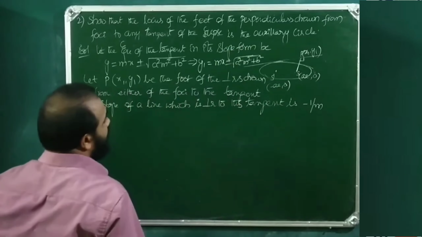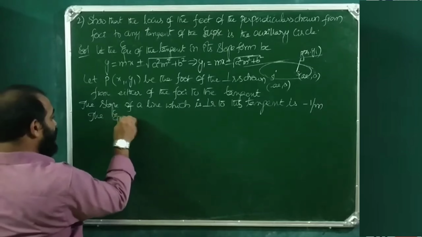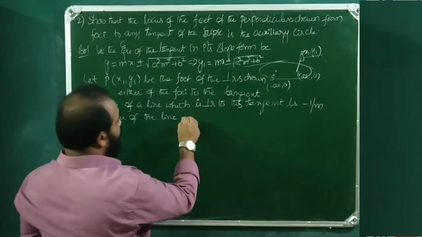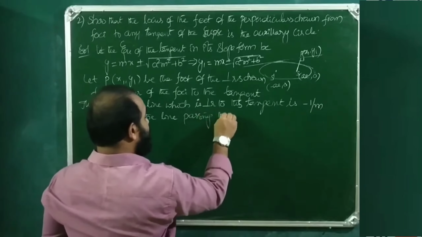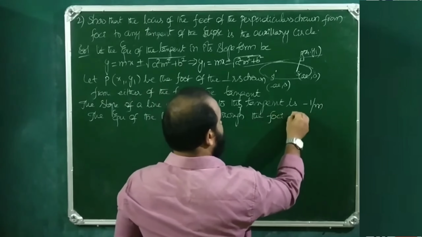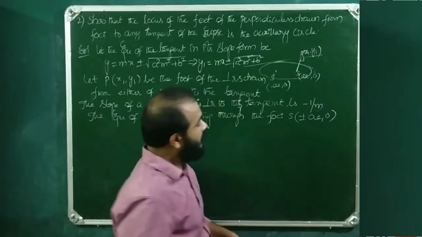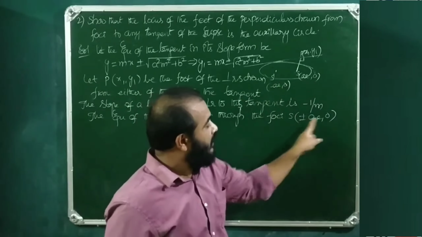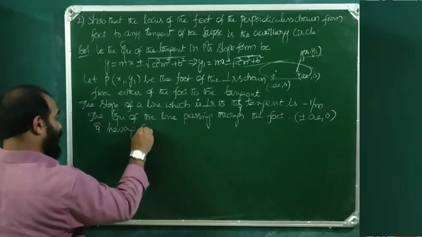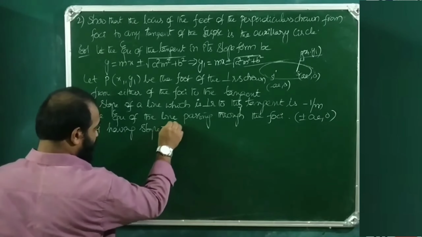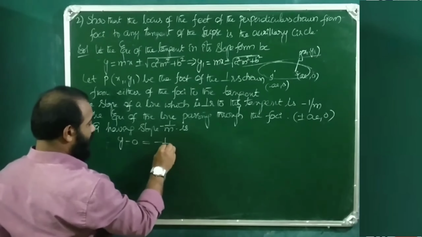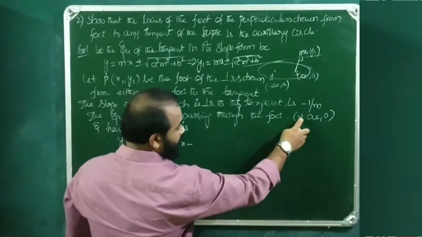So the equation of the line passing through the foci S (AE, 0) and S dash (minus AE, 0), and having slope minus 1 by m, is y minus 0 equals minus 1 by m into x minus plus or minus AE.